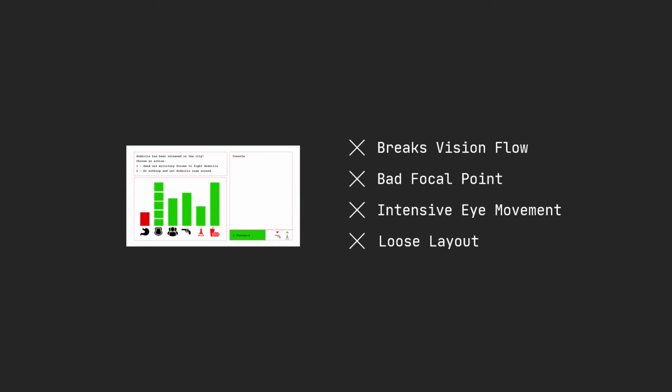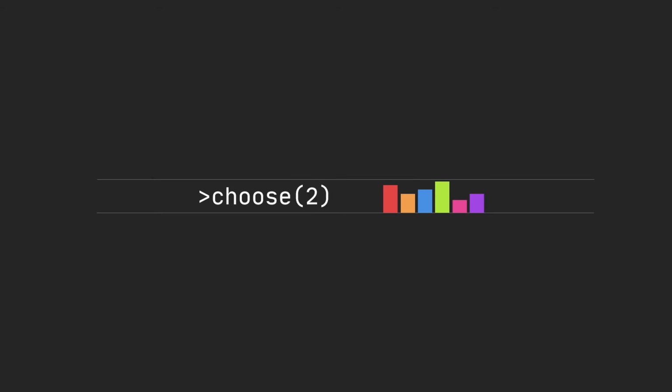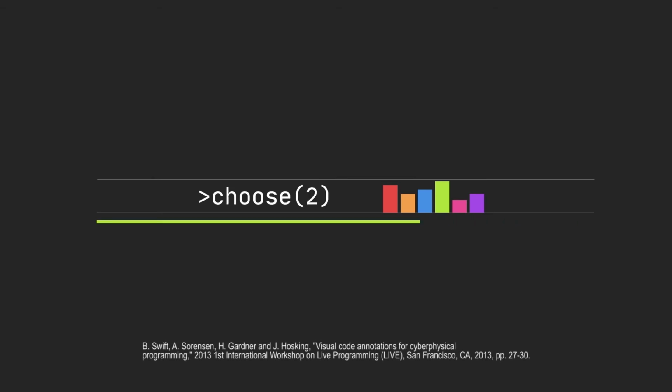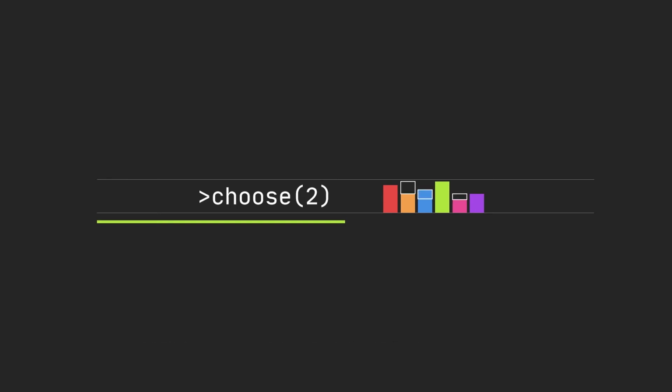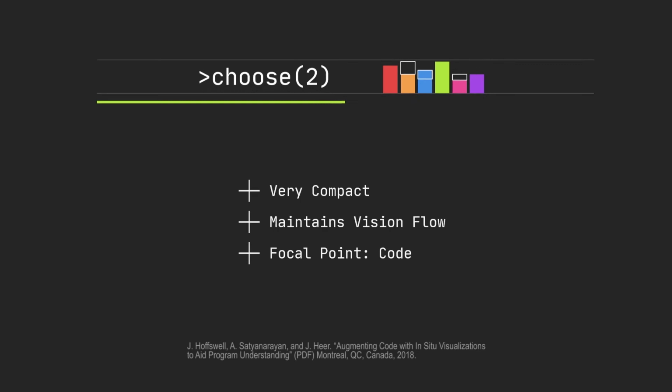In later iterations though, we took all the 6 graphs and squeezed them into a single line on the right of your command prompt. We moved the timer to the bottom of your graph, and finally used white boxes to indicate how the values would change over time. This way we maintain the visual clarity of 3 different graphs, but also make it very compact and allow you to focus on writing your own code.